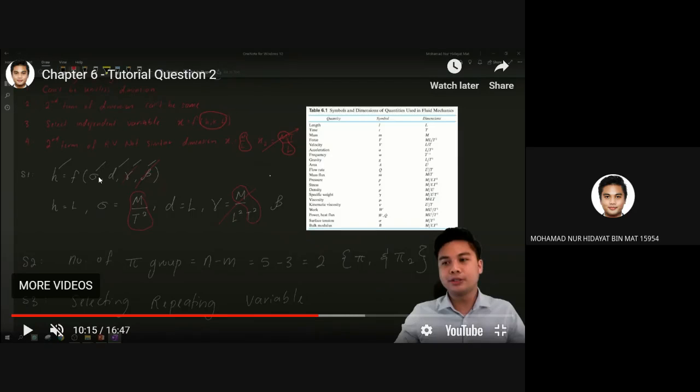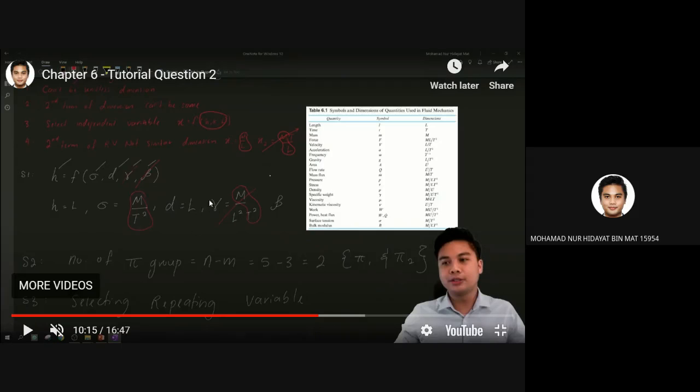Sigma has M and T, but sigma doesn't have the L, so it is not complete. So we have to select the diameter, because diameter has the length to complete the repeating variable analysis. If we select the sigma and diameter, it will help us complete the analysis.